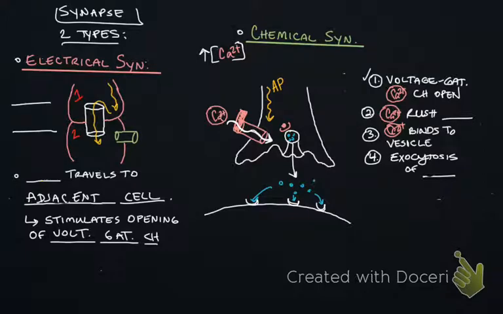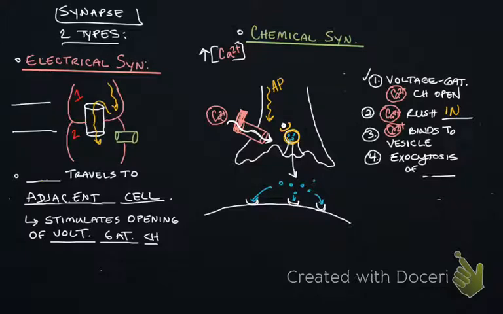It finds its receptor. Let's write that down. Calcium rushes in. Calcium binds to its receptor on a vesicle, our vesicle here, and that vesicle, remember, is holding a neurotransmitter.